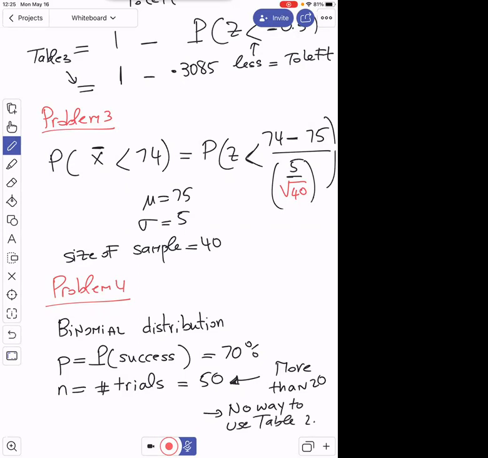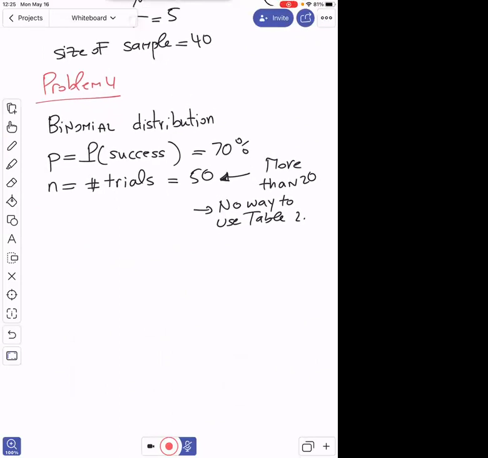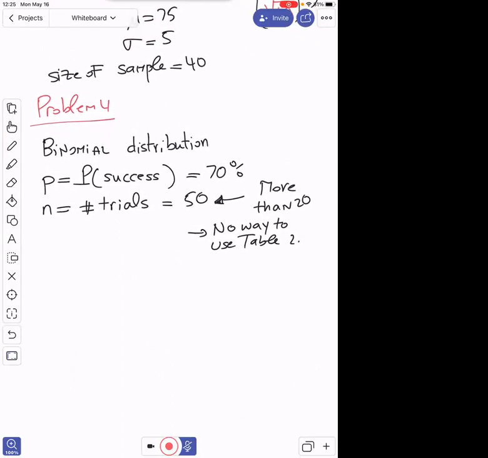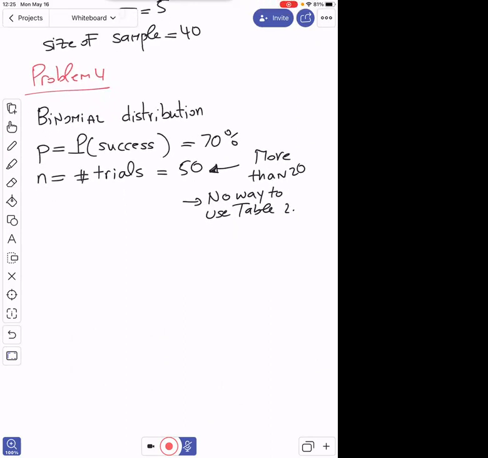So the idea here is to convert the variable, the number of successes R, to the variable Z. We have this number of trials, 50, and it asks: what's the probability that 38 or more hate mathematics?